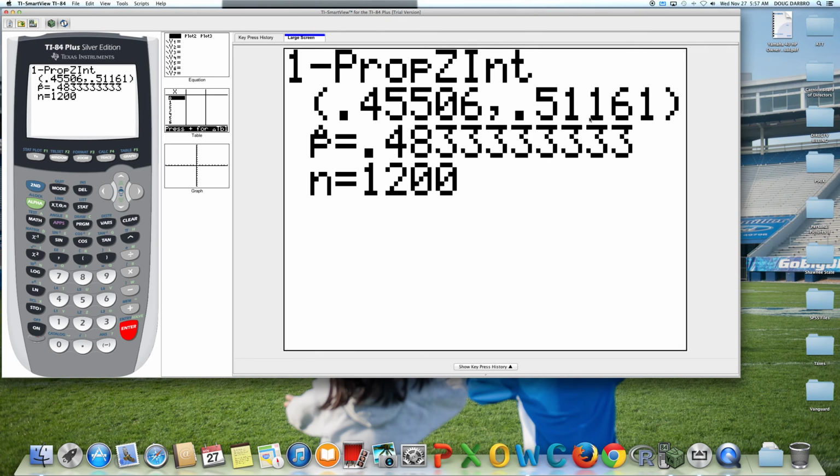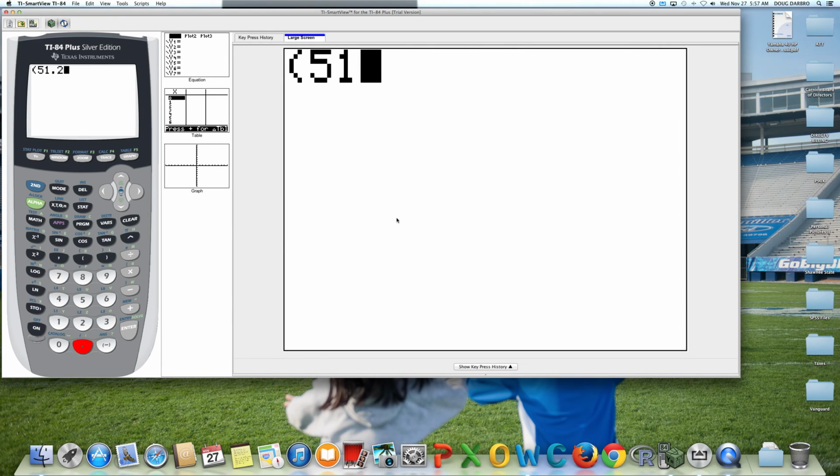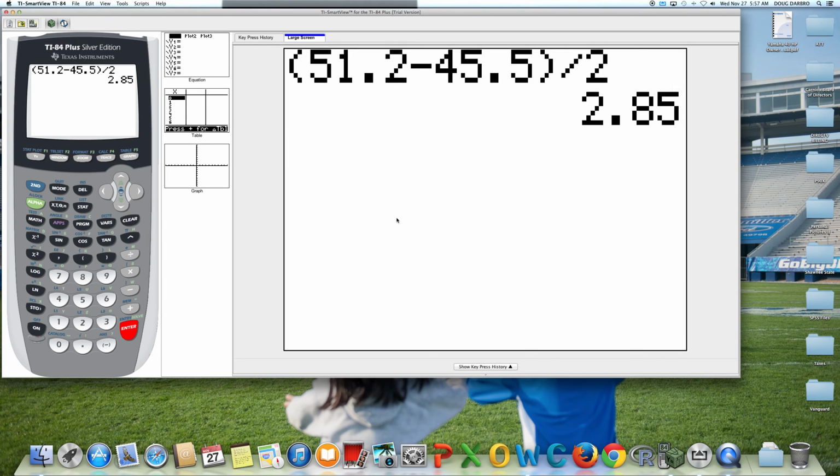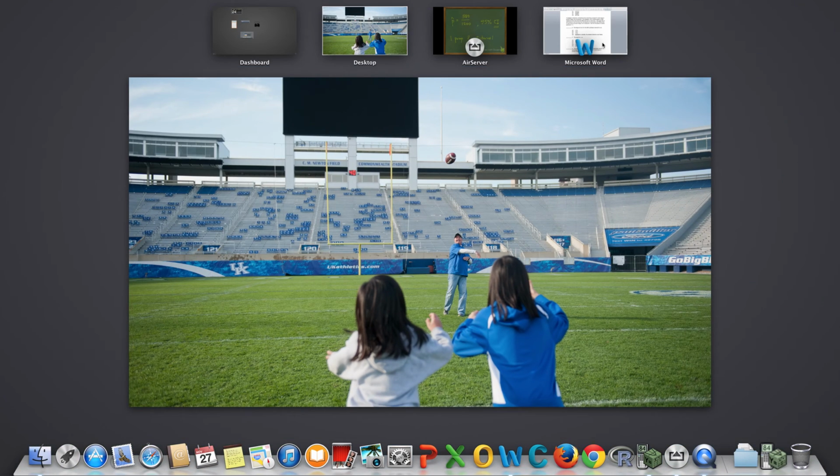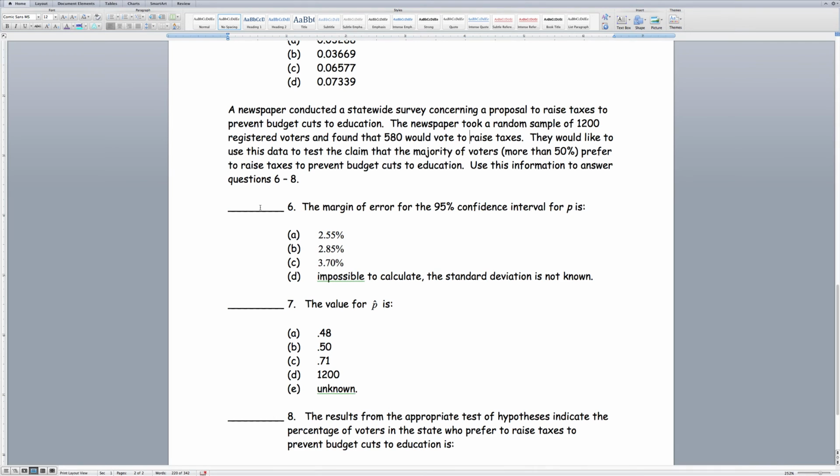So 51.2 and 45.5. So 51.2 minus 45.5. So, first mistake ever, guys. Here we get 2.85. I just made a typo. So guys, go back to your quiz. 2.85, so the answer is clearly B.